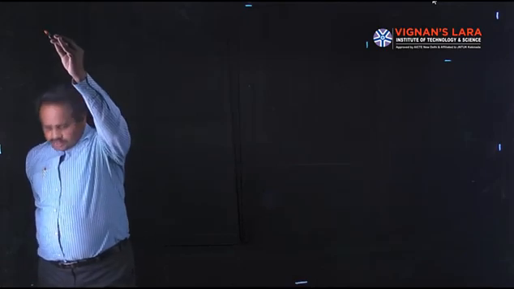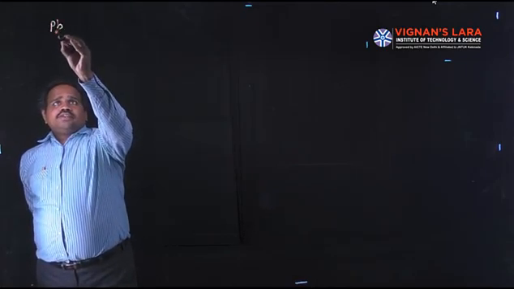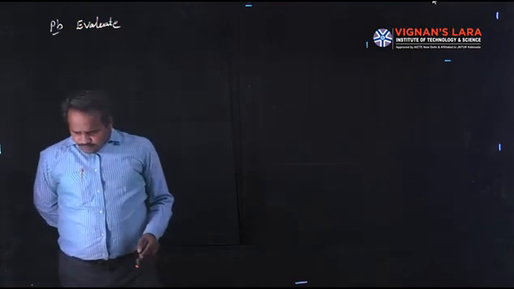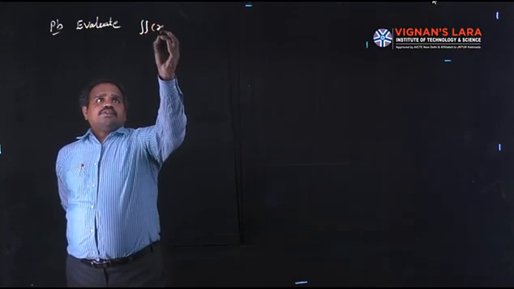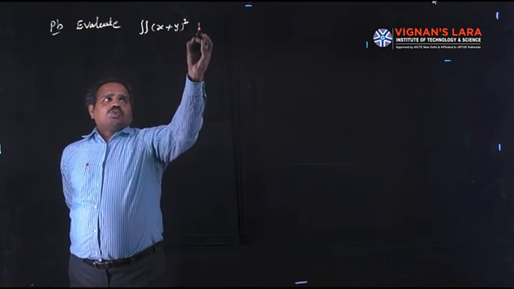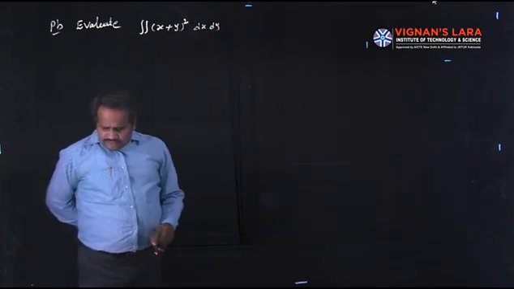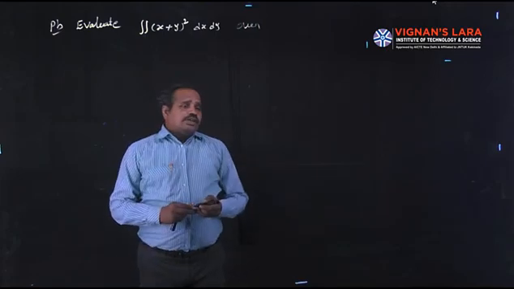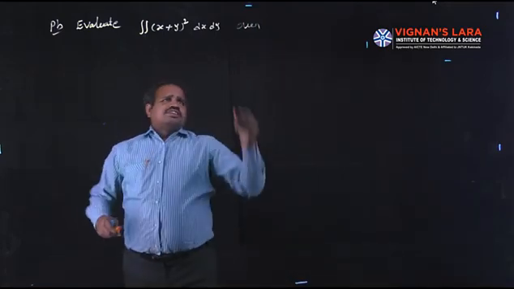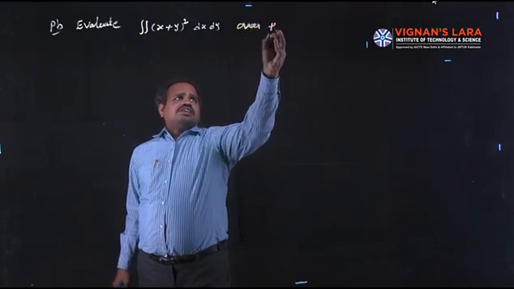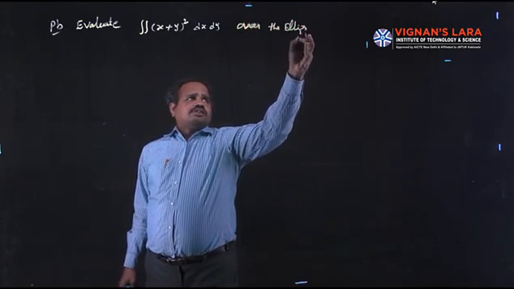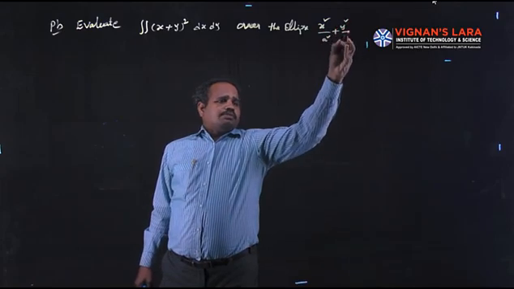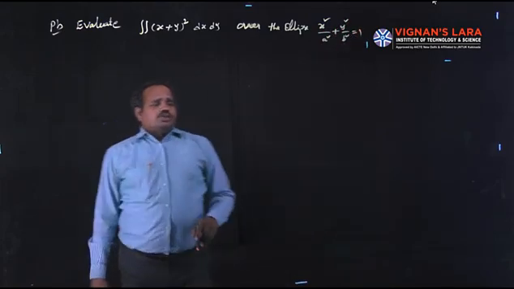In that first one, evaluate the double integral of (x plus y) whole square dx dy over the ellipse x square by a square plus y square by b square is equal to 1.